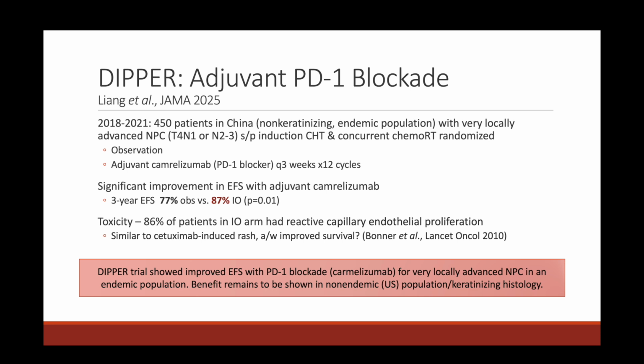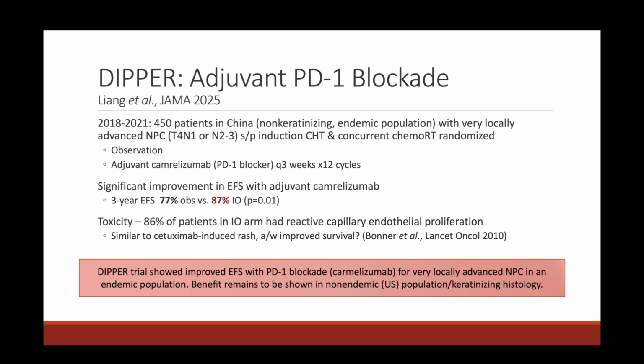What they found is that there was a significant improvement in the event-free survival with the adjuvant PD-1 blockade. So the 3-year event-free survival improved from 77% with observation up to 87% with the addition of that drug. And interestingly, 86% of the patients in the immunotherapy arm actually had a reactive capillary endothelial proliferation, which is a rash that is similar to the cetuximab-induced rash that has been associated with improved survival in patients that get that rash with cetuximab.